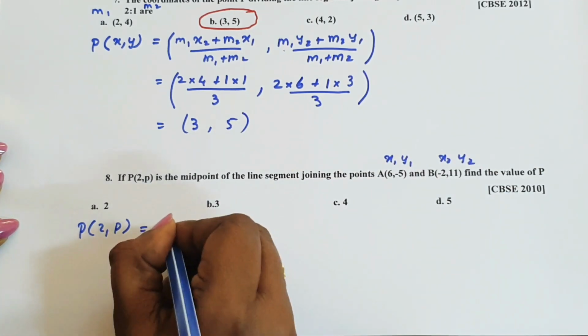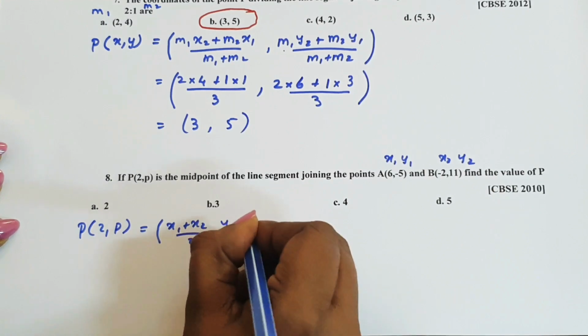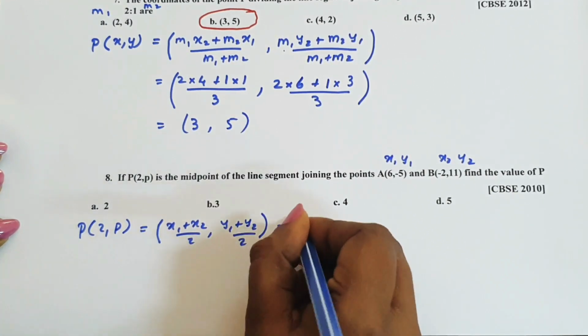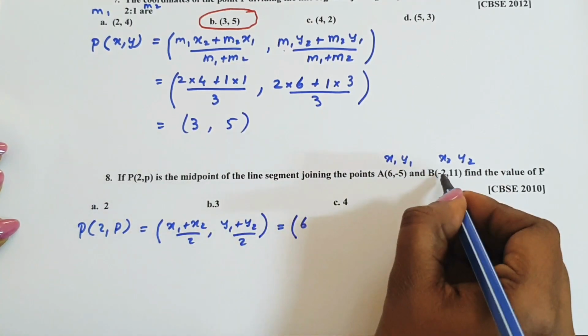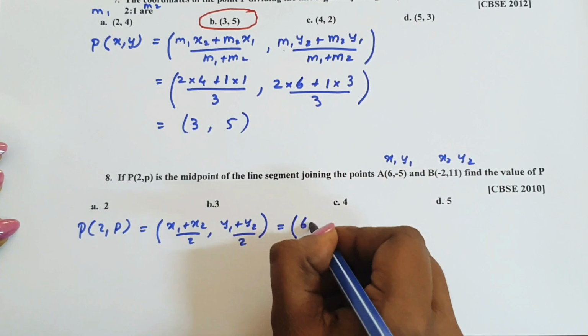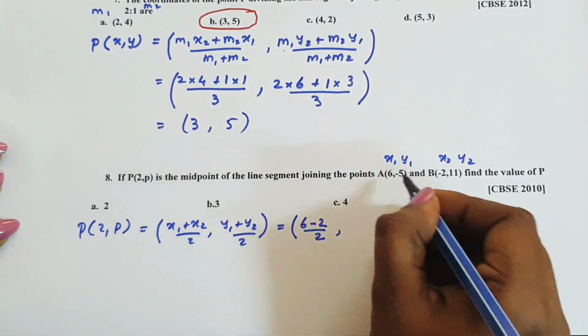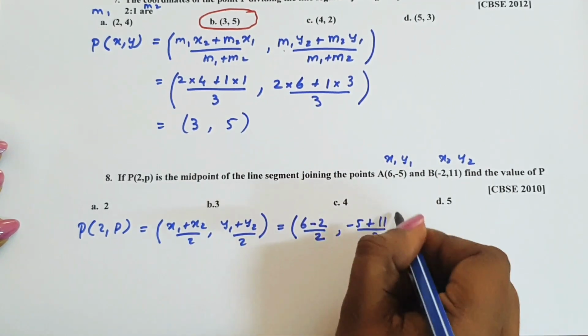Midpoint is nothing but (x1 plus x2) by 2, (y1 plus y2) by 2. Now that is equal to, what is our x1 value? x1 is 6 plus x2 is minus 2, positive into negative is negative, divided by 2 comma y1 plus y2, so minus 5 plus y2 is 11, divided by 2.